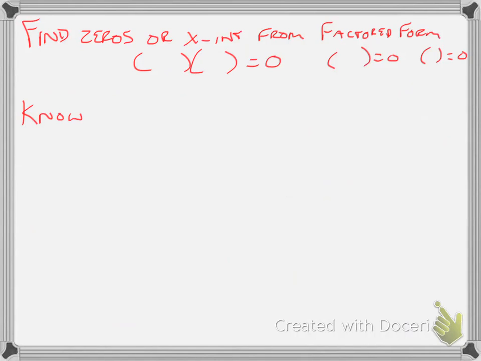If it's asking to be put in factored form, you need to be able to factor the quadratic. Special cases when a is equal to 1 and when a is not equal to 1. Whether using AC method or T-chart or however you do it, you need to know how to factor correctly.